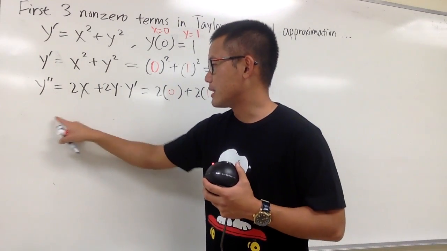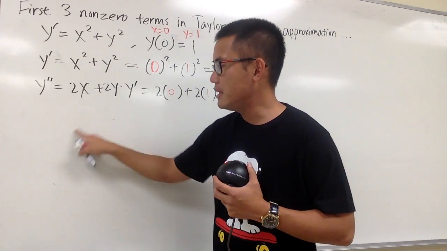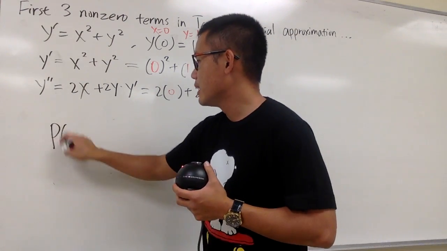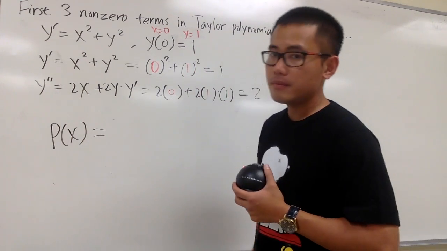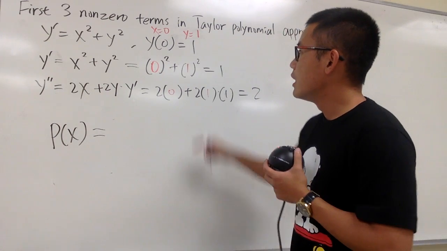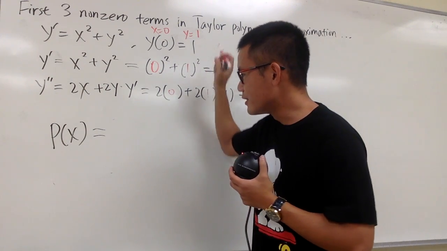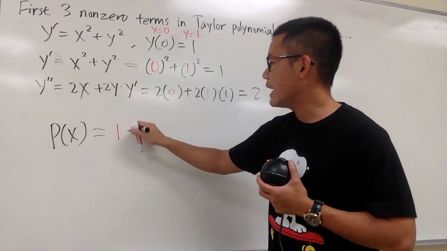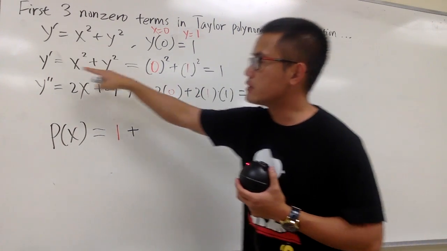Some books use t, some books use p. Just use p in this book, so I will use p right here as well. P of x, all right? And this is how we are going to do it to construct the Taylor polynomial. Let's put down the constant term first, which is the 1. And then next, we add it with, this is the first derivative.